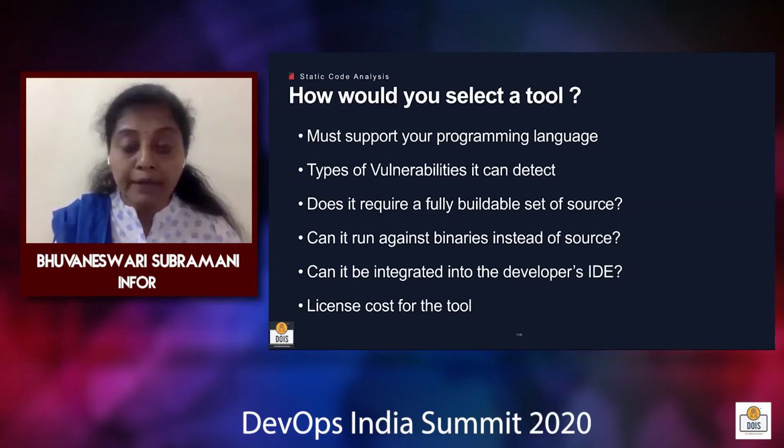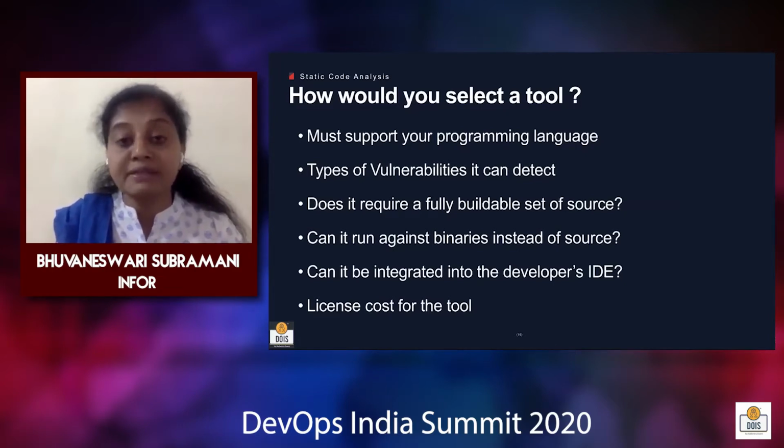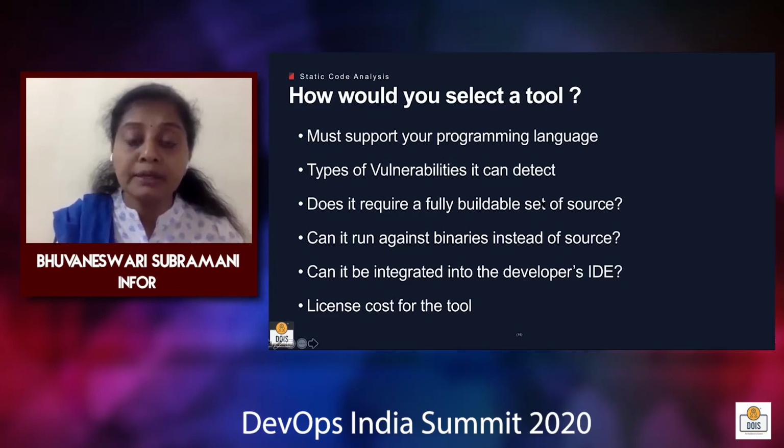Or can it work on binaries or the actual source code? Can I integrate with the IDEs, so that day-to-day developers can have it within them? Or is it an expensive tool that can be integrated only with your centralized build systems? These are some of the considerations you would think about before picking the right tool.